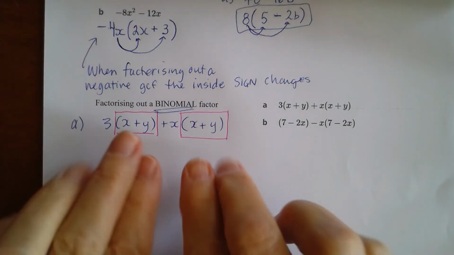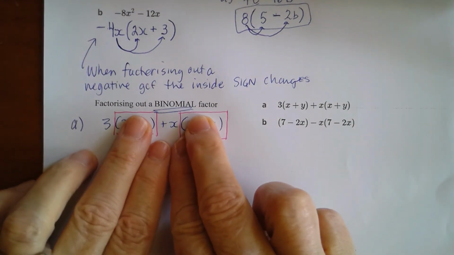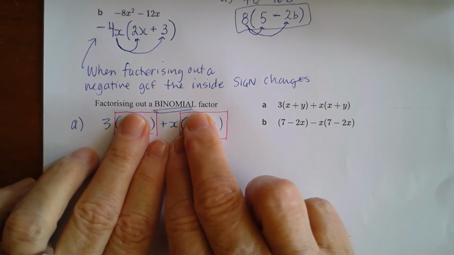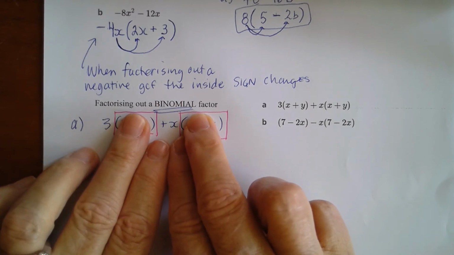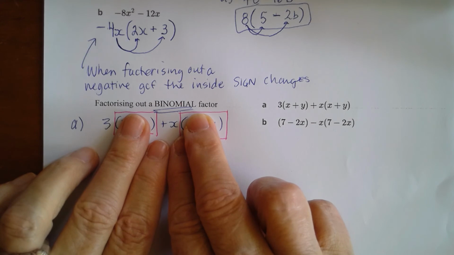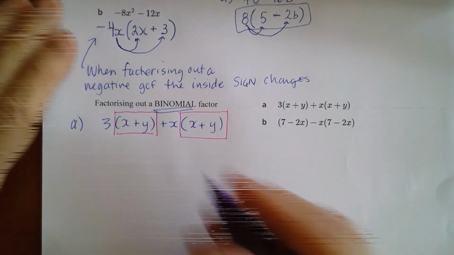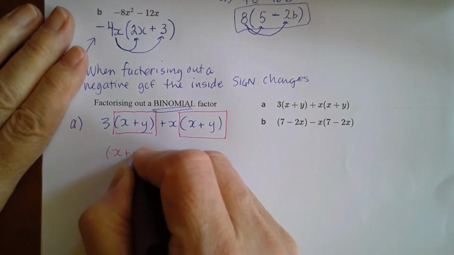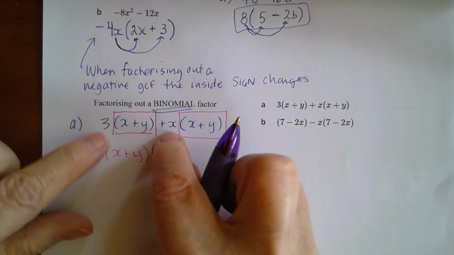You see that? Those are the same. So that's the thing I'm going to factorize out. For instance, if there was a z under my fingers, I would put a z on the outside of the brackets, and I'd put 3 plus x on the inside. So I'm going to take that whole thing and I'm going to put it out here. And then I'm going to write what's left over in here.